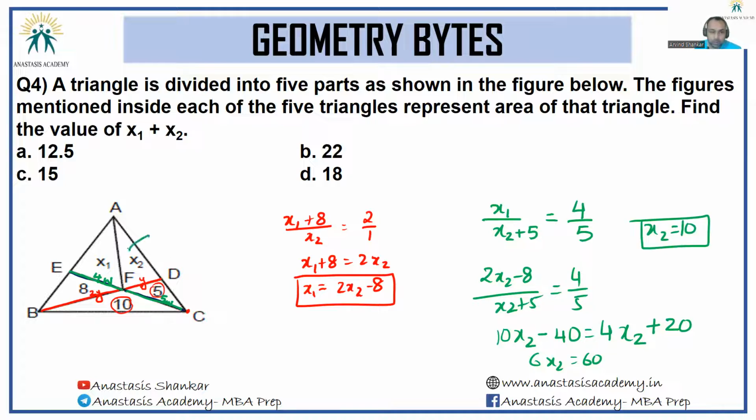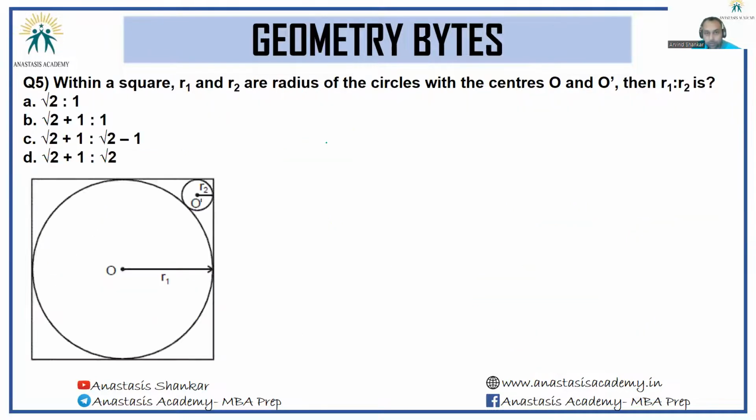So x2 I've got this region as 10, and x1 was equal to 20 minus 8, so it will be 12. So this region is 12. So when they're asking me what is the final value of x1 plus x2, answer should be option B, 22.